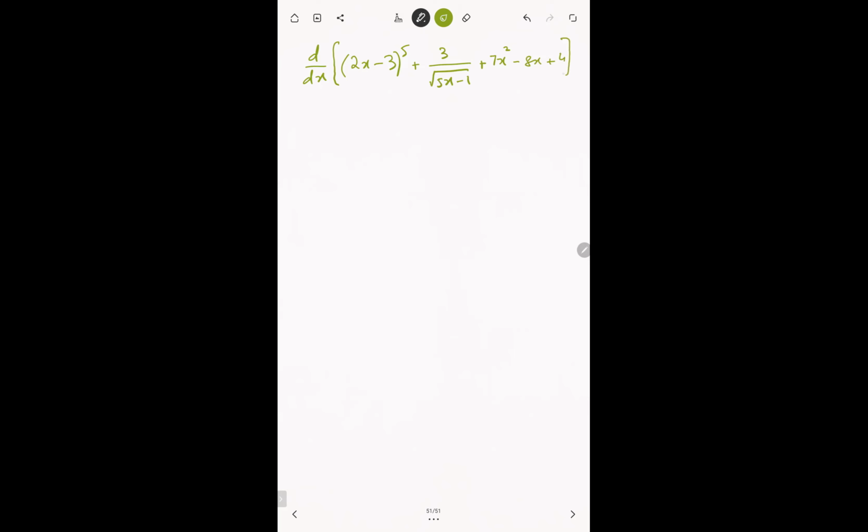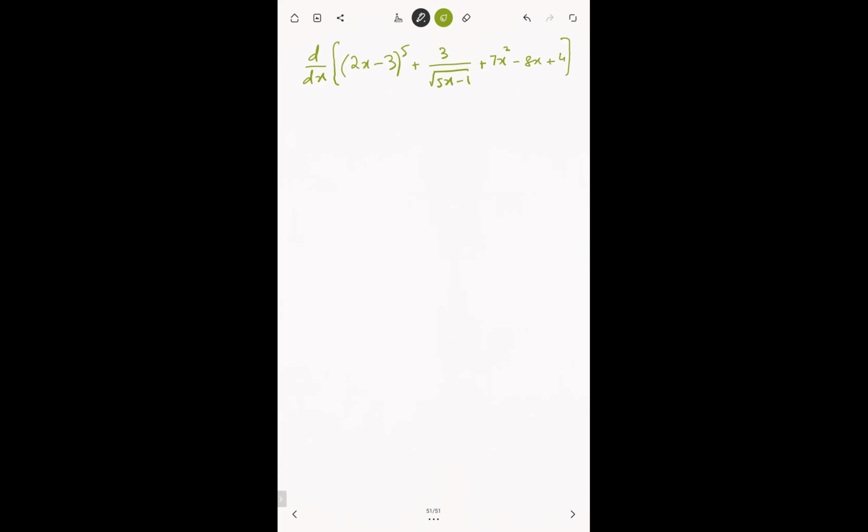If you are able to do this question, it means that will be the total recap of yesterday's lecture. Try to differentiate. There are 1, 2, 3, 4, 5 terms. You have to differentiate all of them separately.